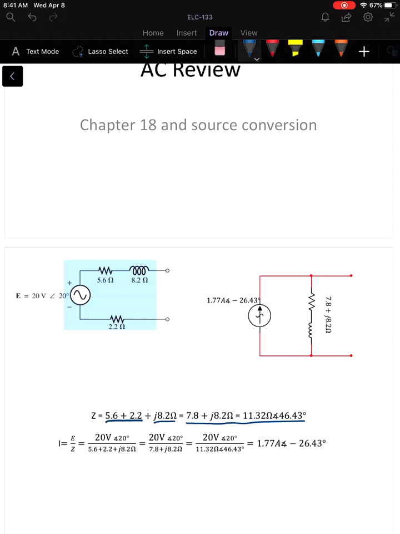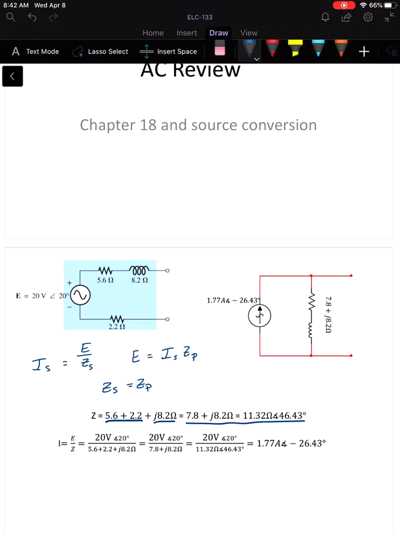Okay, so once we do that, it's just an Ohm's law calculation to get our current source. If we're looking for the source current, it's going to be E over that series impedance, or if we're looking for E, it's going to be I source current times the parallel impedance, where the series impedance equals the parallel impedance.